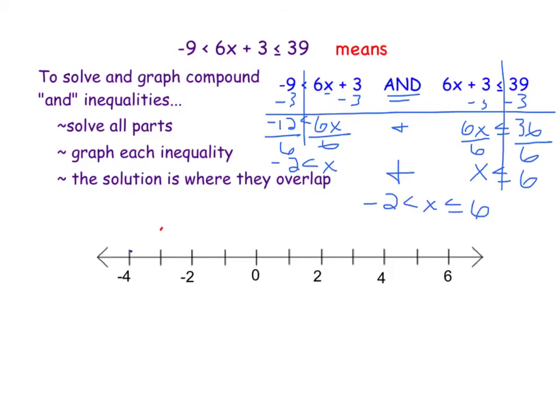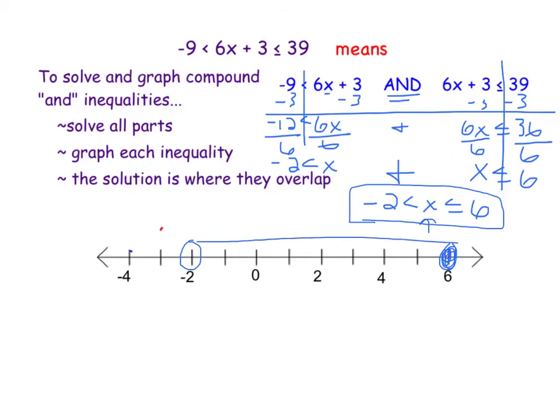Some people see the graphing easier if it is written as one inequality because they can see that the x has to be between negative 2 and 6. So it is not equal to negative 2, so we're going to put an open circle. It can be equal to 6, so we're going to put a closed circle, and it's everything in between there.